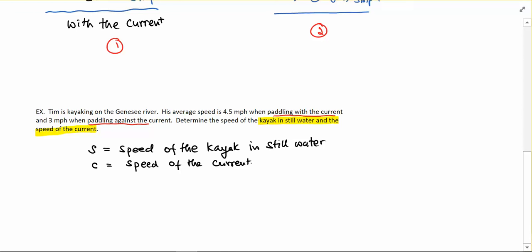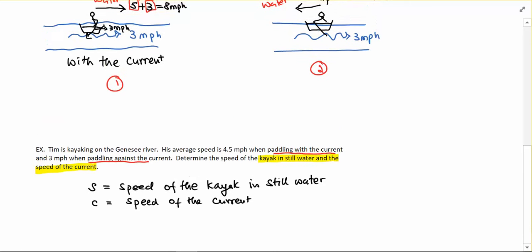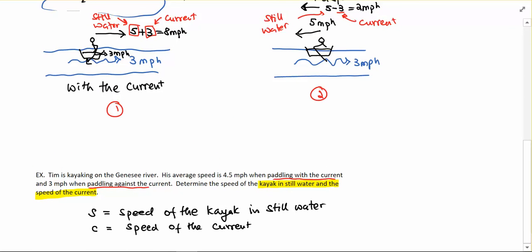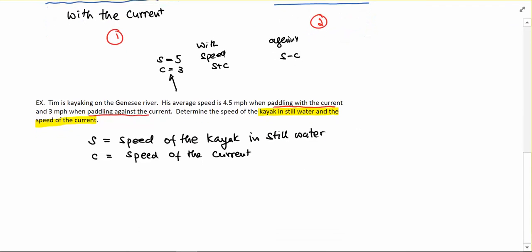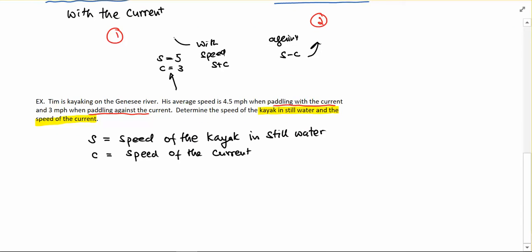So we've got these two, S and C. To draw an analogy with the picture above, S would be 5 and C would be 3. If you're going with the current, the speed is S plus C, and against the current, the speed is S minus C. That's what we did there, and that's what we did here.